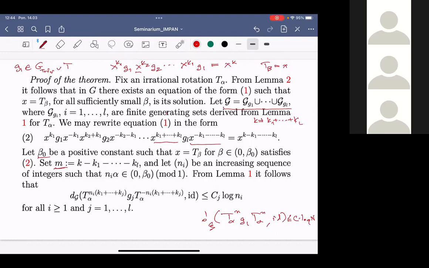And from lemma 1, we know that we have this bound. So T alpha and A and I times K1 plus Kj, Gj, and the inverse of this term, the distance is less than or equal to some constant times log ni.